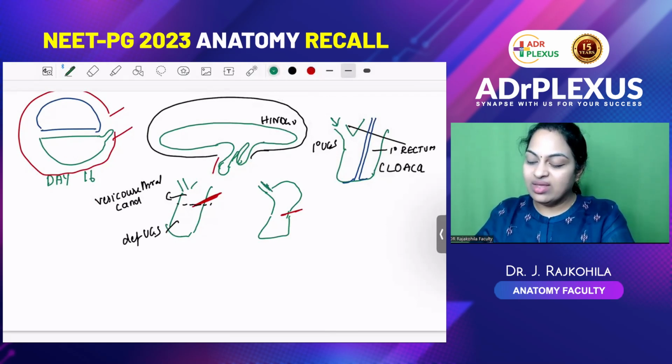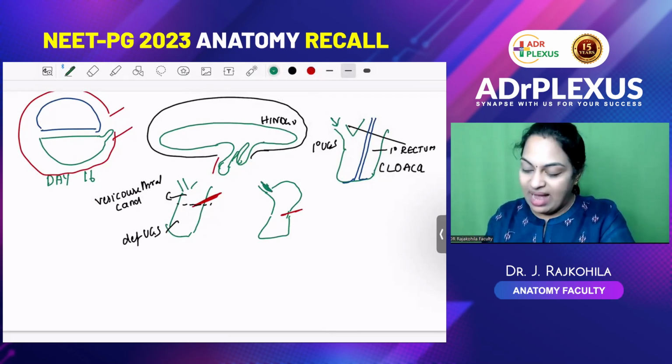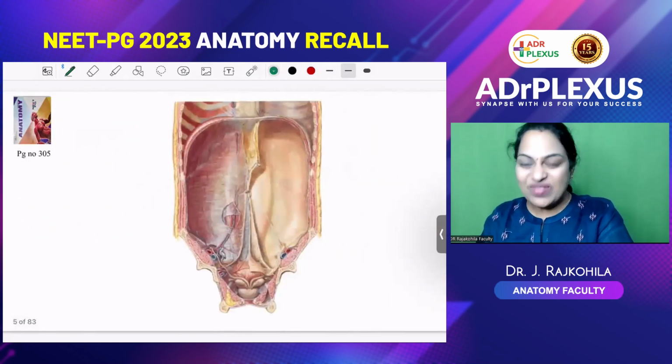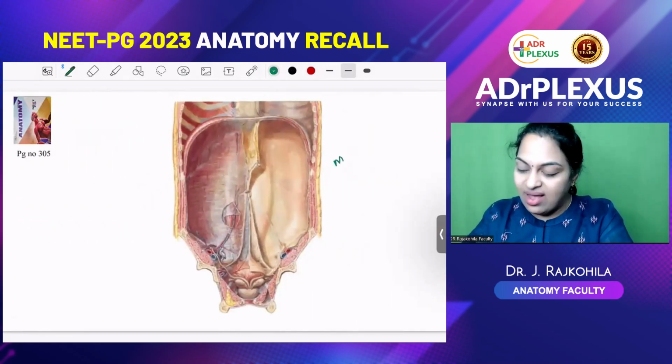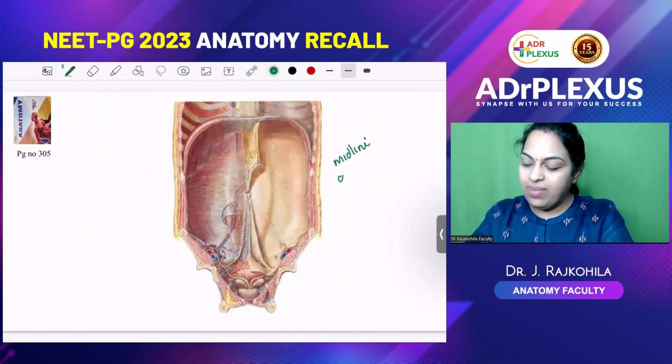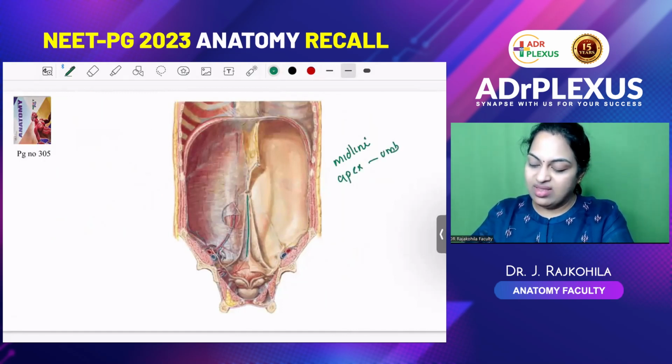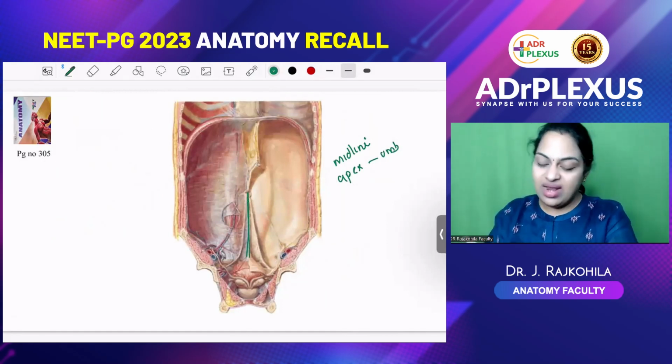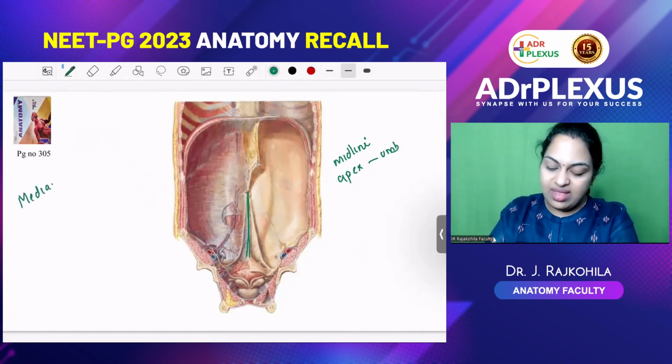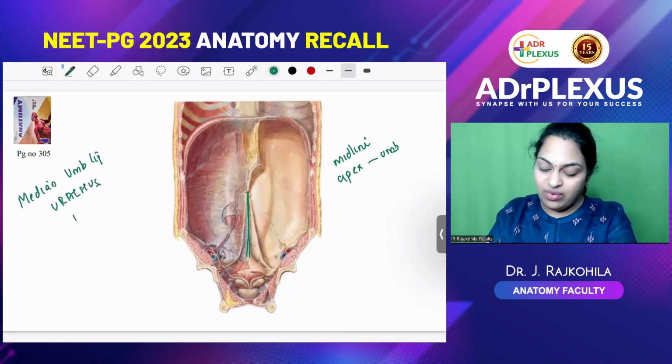Into the cranial part of the vesico-urethral canal, or the urinary bladder. As you see here in the midline, from the apex of the bladder to the umbilicus, this is the median umbilical ligament, which is the remnant, the obliterated part of the urachus or the allantois.